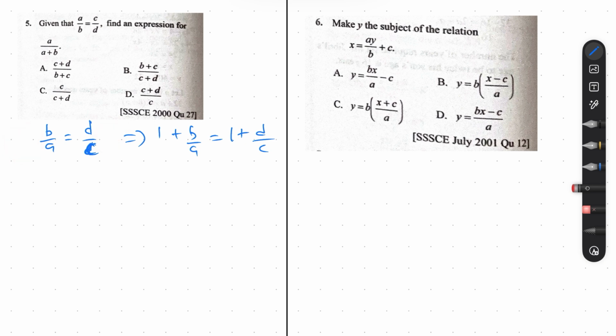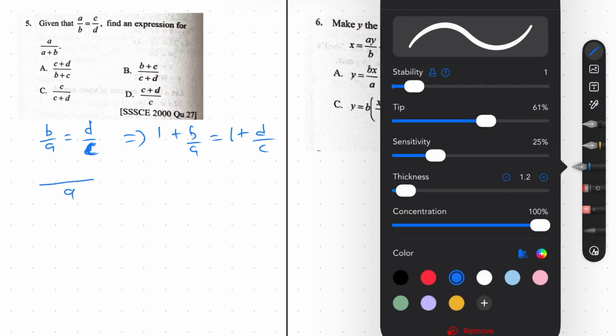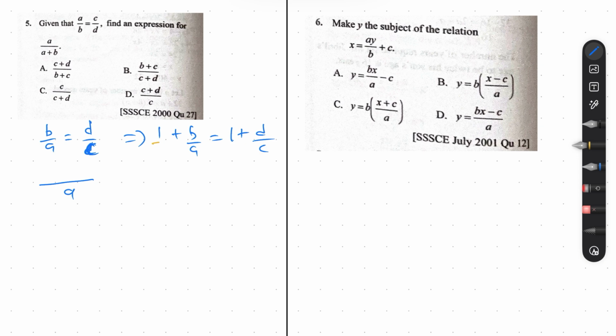Now we know that 1 is the same as 1 over 1. We just need to find the LCM for both sides and then simplify. The LCM for the left hand side is A, and 1 is the same as 1 over 1.